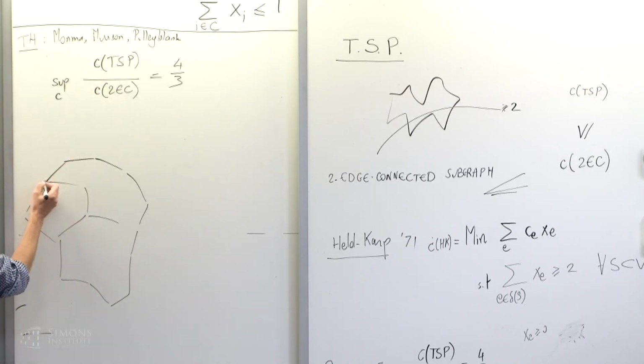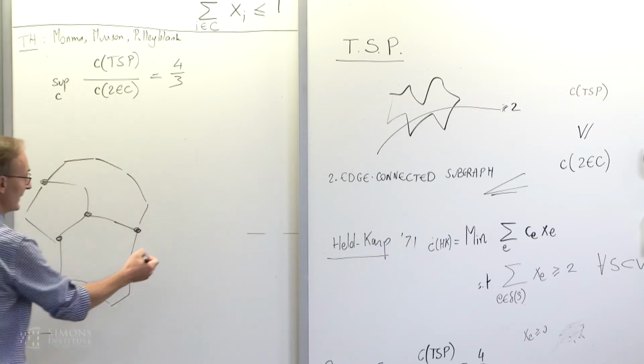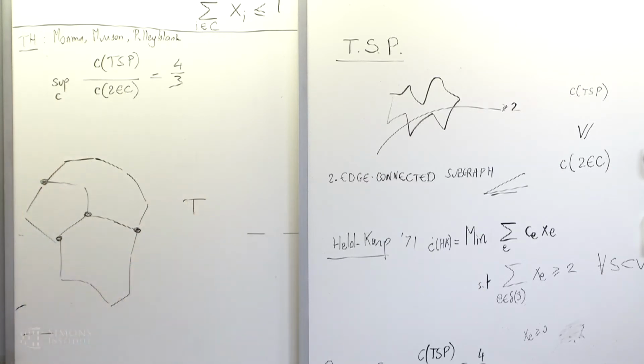So what you do is you look at the vertices that have odd degrees, because these are the bad vertices. You let them be T, and then what I'm going to do is I'm going to add a subgraph. Let's say I'm adding a matching on these.